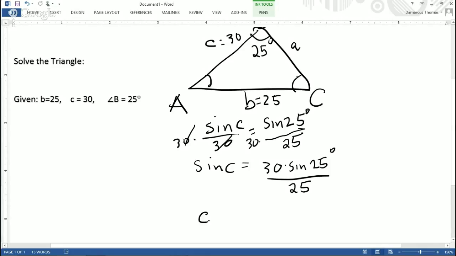And the value of C is actually going to be the inverse. If you take the sine inverse of both sides, you get sine inverse of 30 times the sine of 25 over the length 25. Okay, so at this point, you can just evaluate this in your calculator.